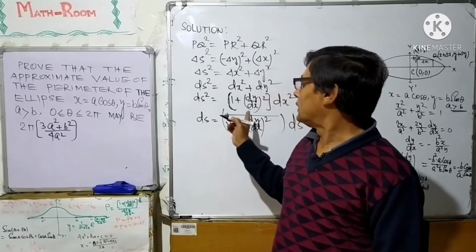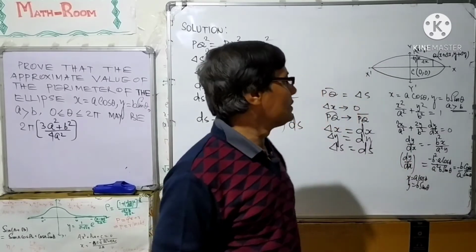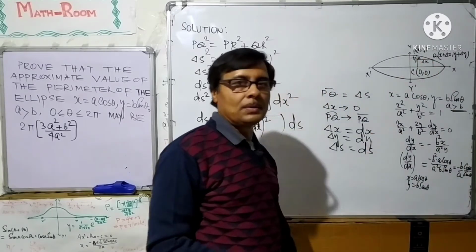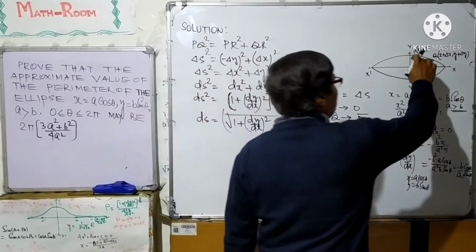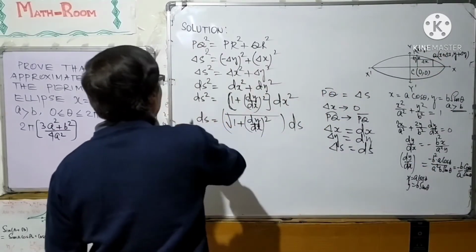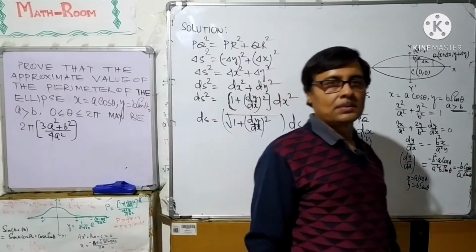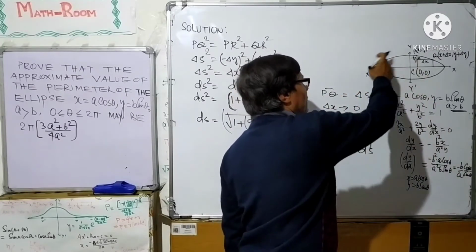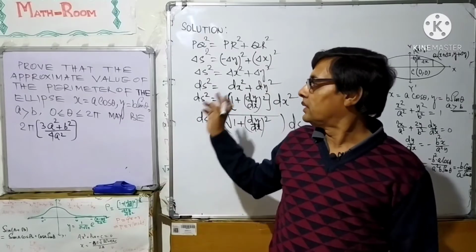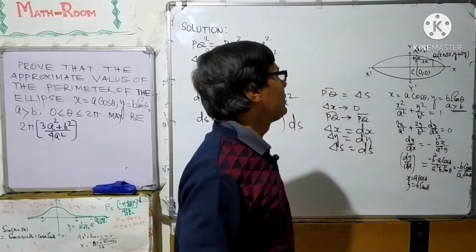Now, here ds, that is del s, is the elementary arc length on the perimeter of the ellipse. This is the elementary arc length PQ. So if we sum up these elementary arcs on the curve of the ellipse, we can get the entire perimeter of the ellipse.